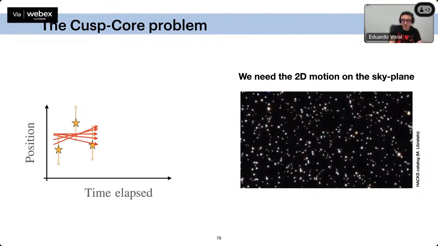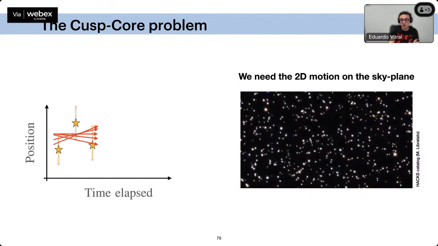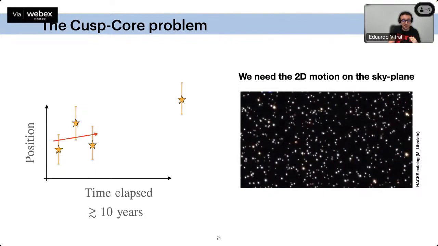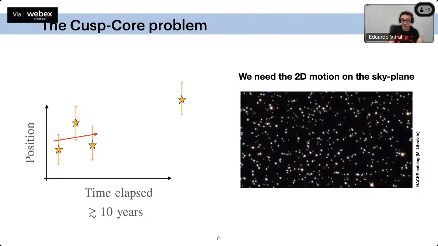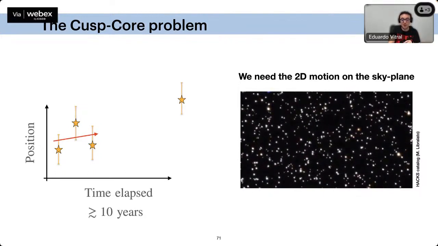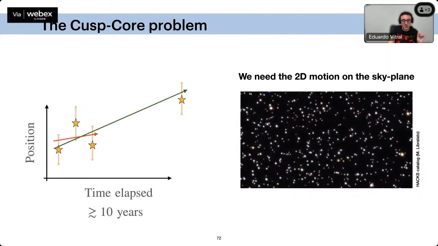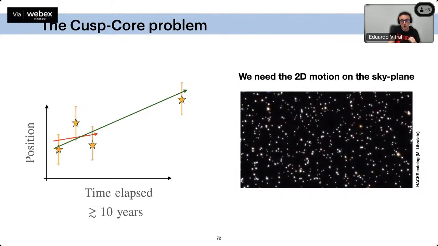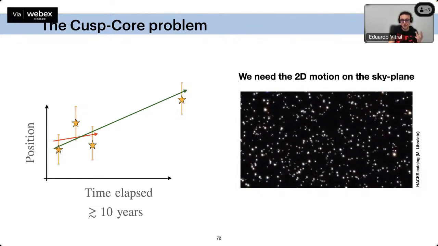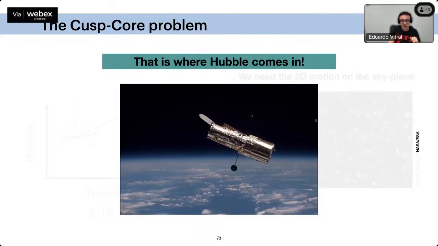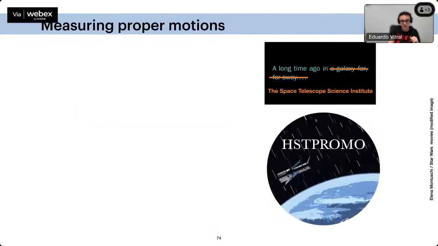So again, to measure distant galaxies that are orbiting our Milky Way, for example, we actually have to wait a lot of time. And by that, I mean at least about 10 years' time. And then you can actually resolve this motion in much more detail so that you can actually try to understand how things are moving. Now that's where Hubble comes in.